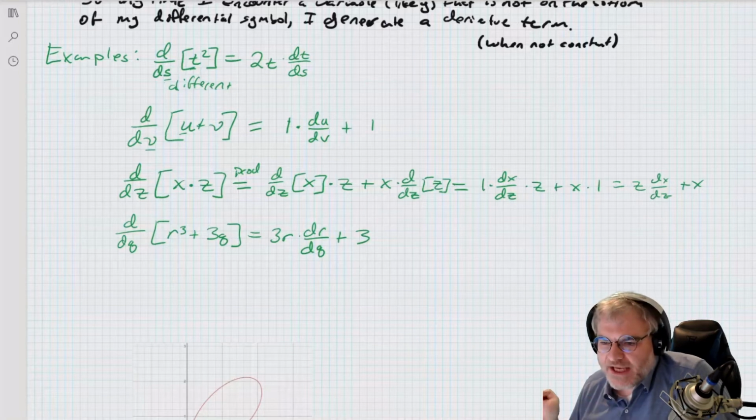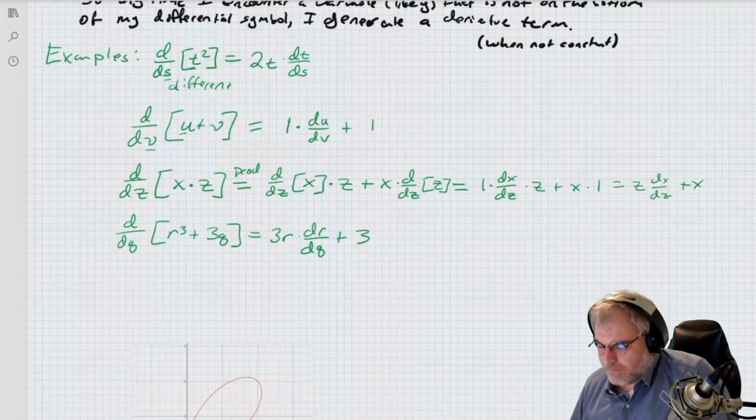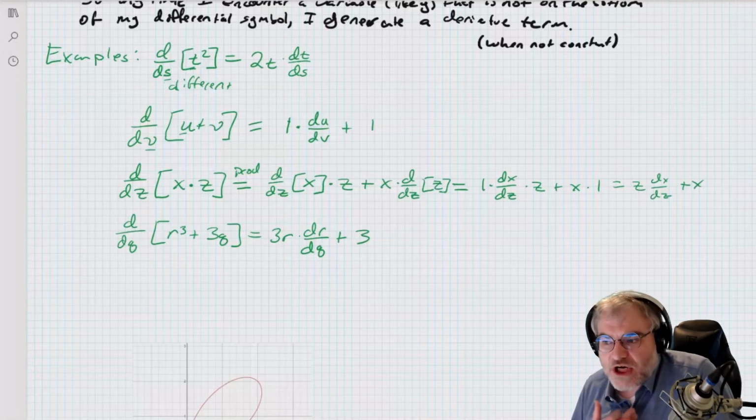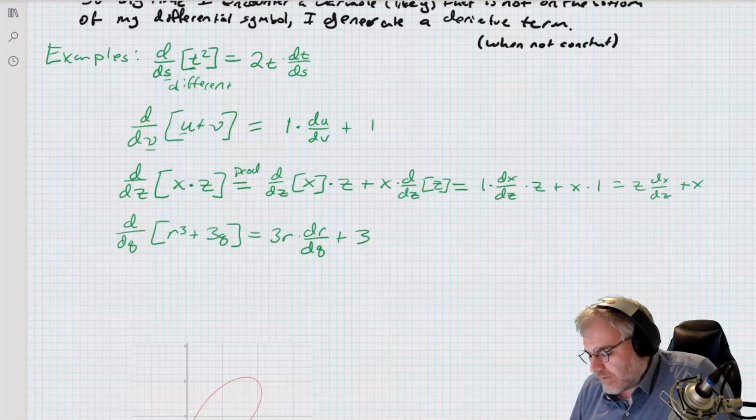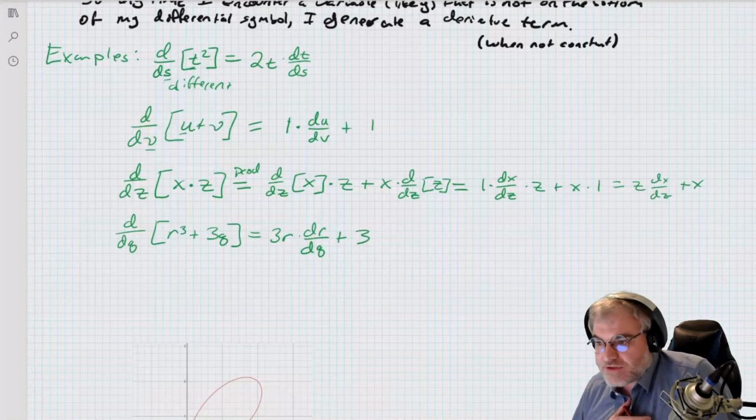If you want to do it mechanically without understanding, just remember down here, and this is actually why I have been using the operator notation the entire time, because the operator notation tells you what you're differentiating with, and that's very important. Some people don't like it. I didn't like it when I first encountered it. I was like, well, why?